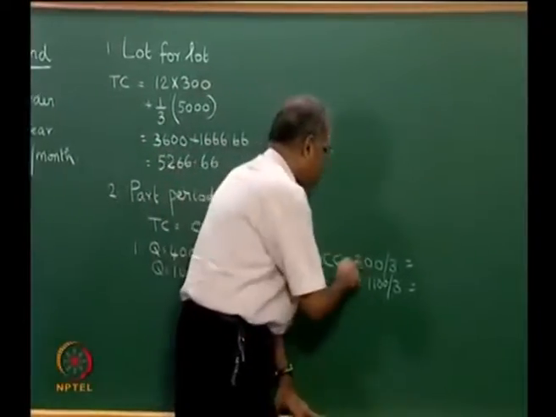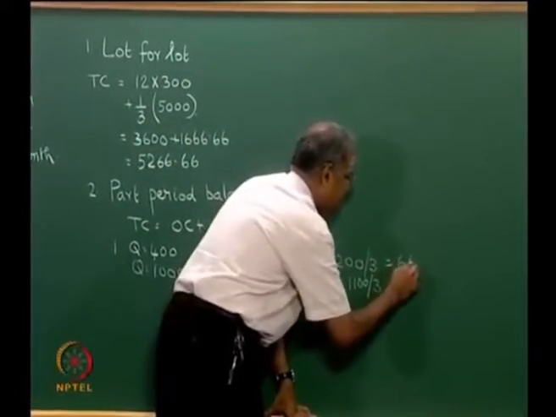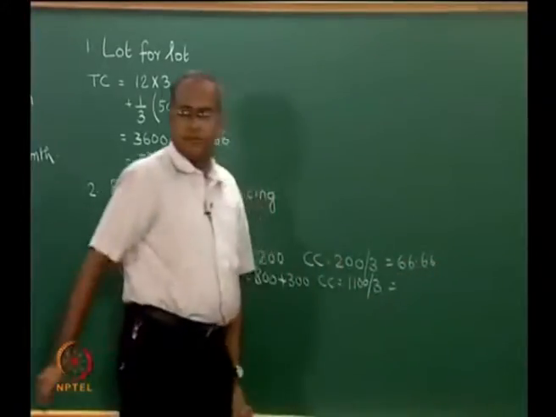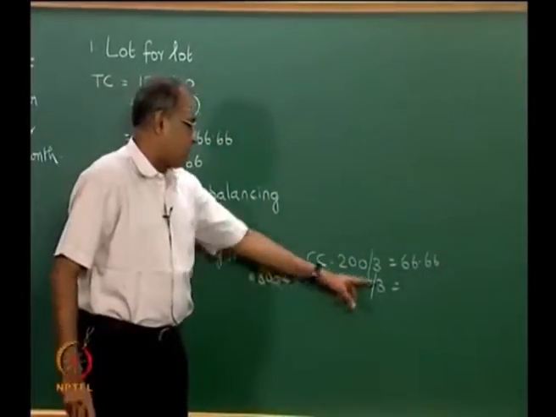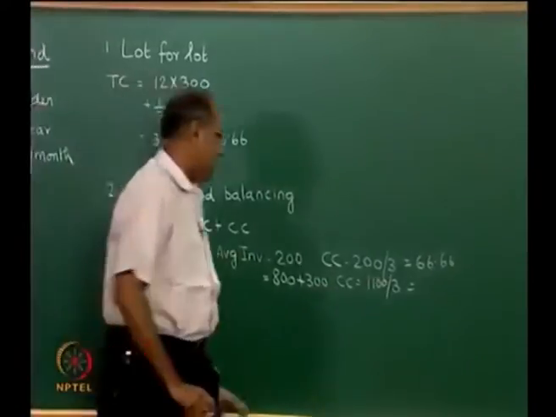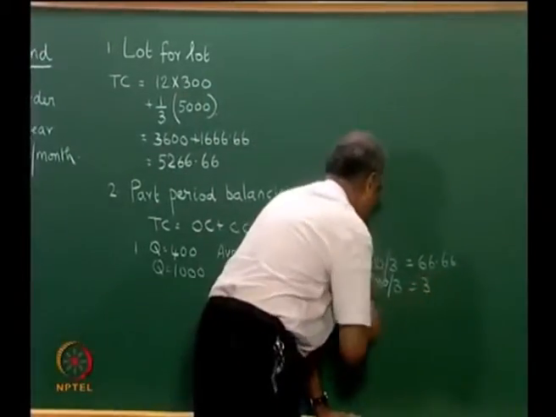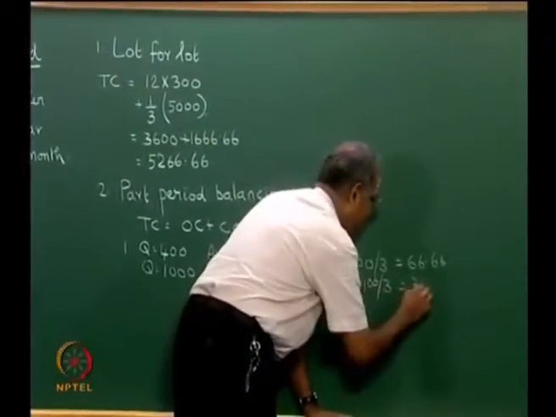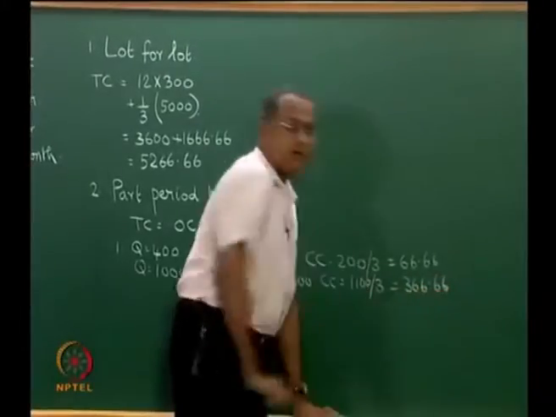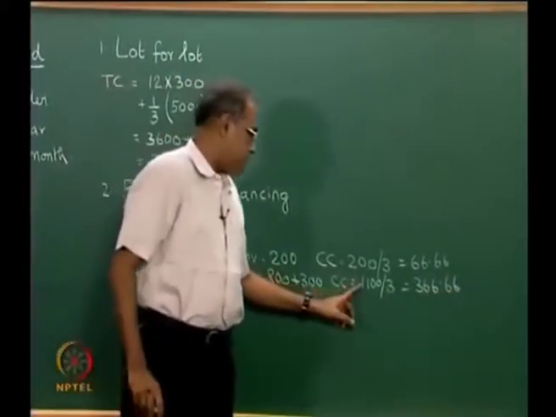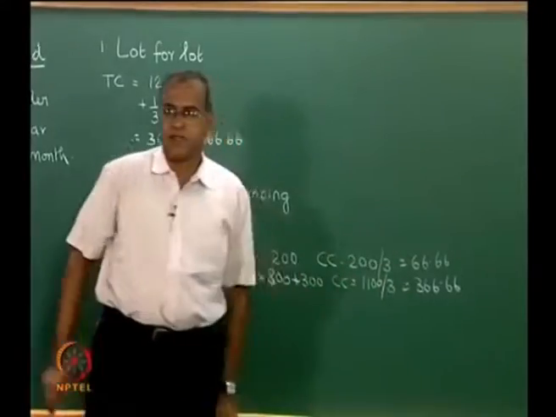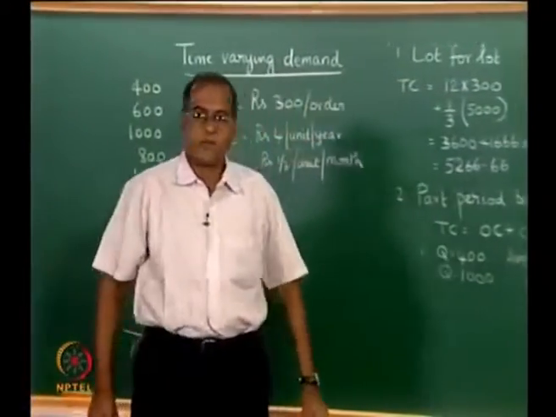Here 200 divided by 3 is 66.66, and 1100 divided by 3 is 366.66.